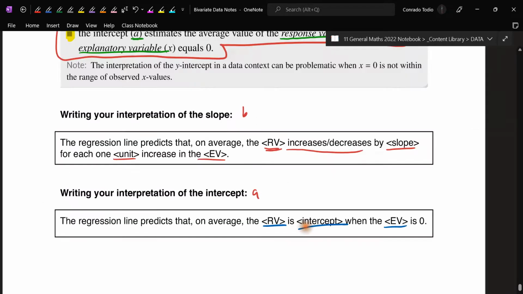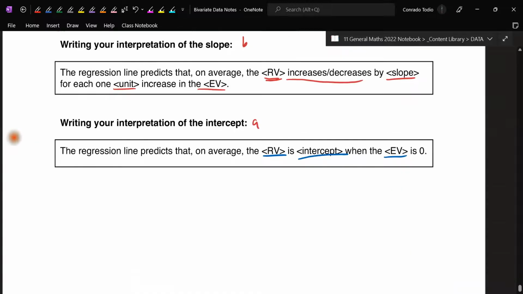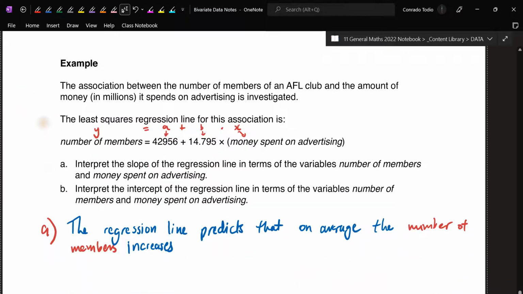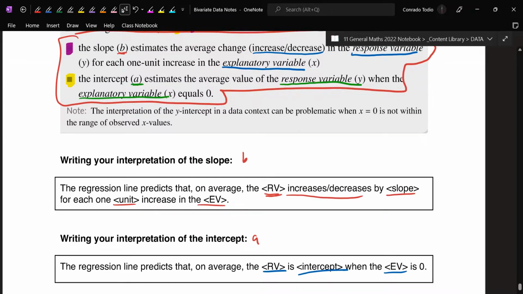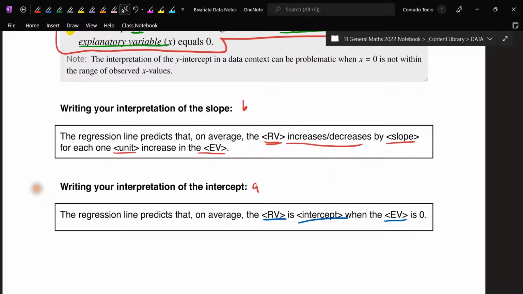Continuing on, increases by, now you're telling me what is the actual slope value. So the slope value here is 14.795. So you tell me that. Again, look at the sentence: by the slope for each unit, you could say in this case 1, 1's fine, increase in the EV.